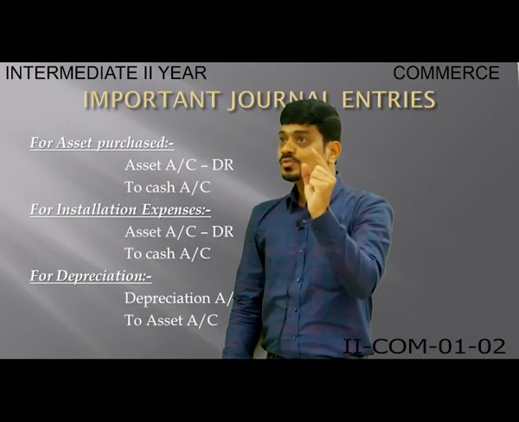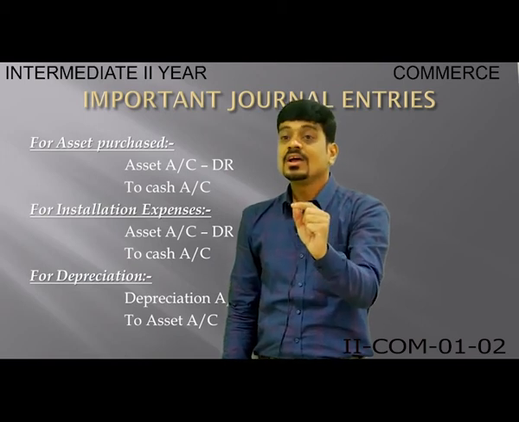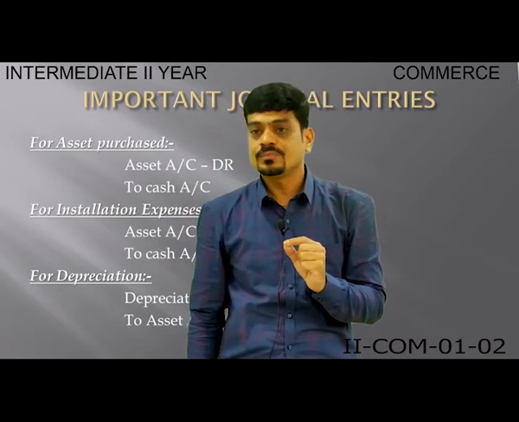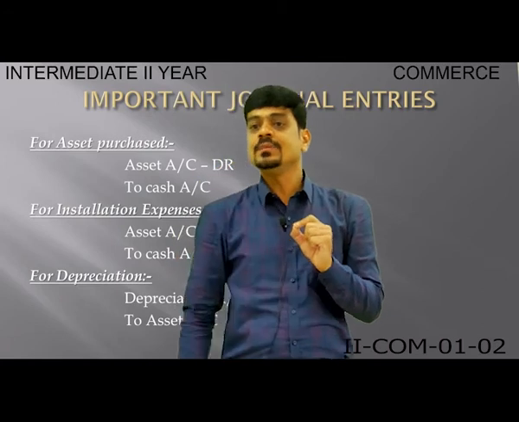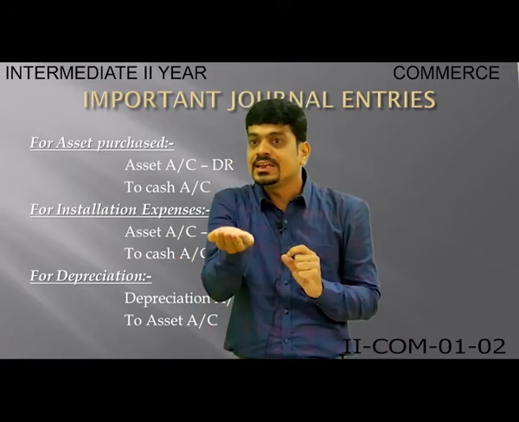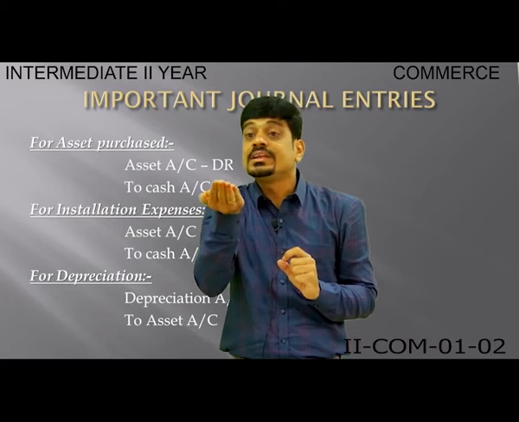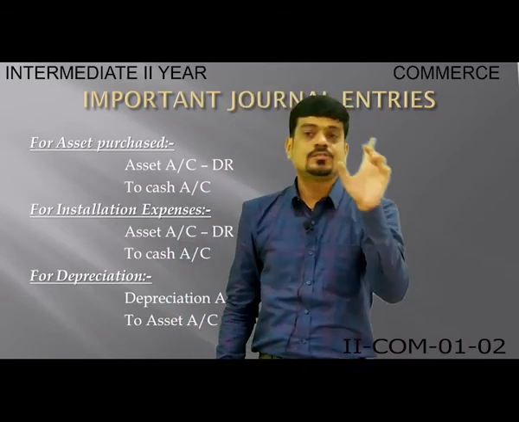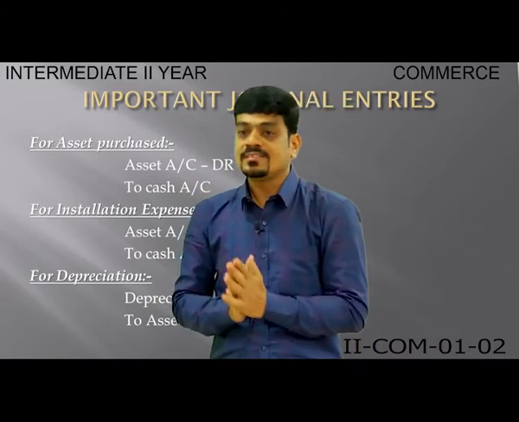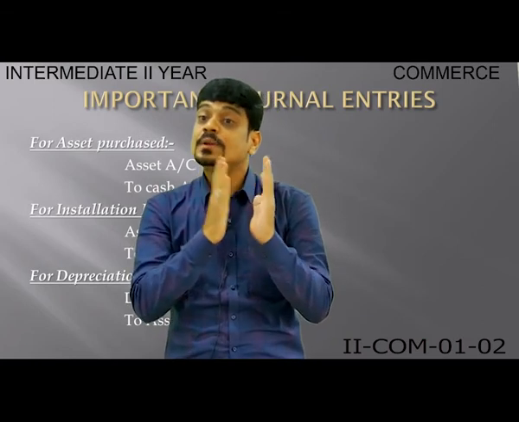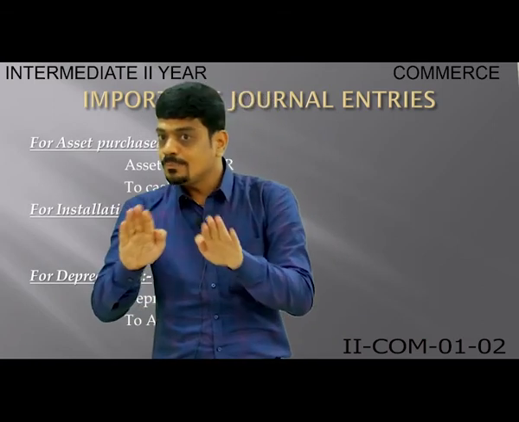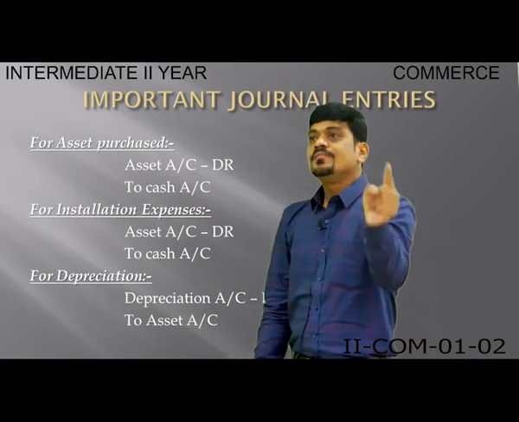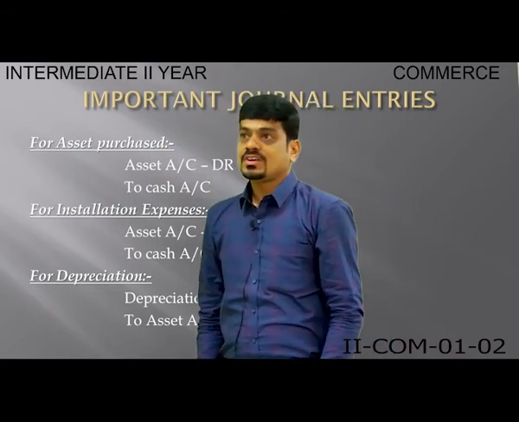The expenses we have incurred are expenses relating to the asset, which are capital in nature. They are not revenue in nature. They are one-time expenses. Thereby, they increase the value of the asset. For that reason, they are debited to asset account, not to the expense account. If you debit to expense account, there comes the error of principle. Thereby, we are not supposed to write installation expense account debit to cash account, but we have to write asset account debit to cash account.